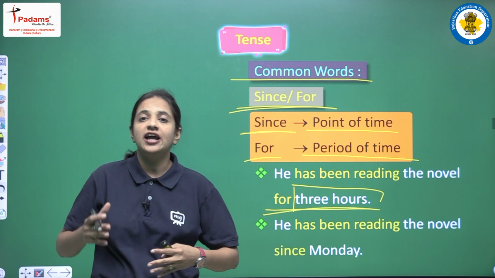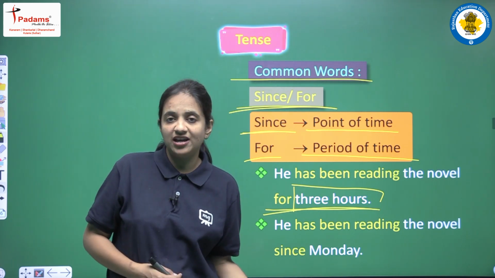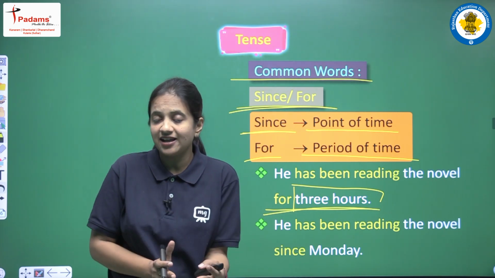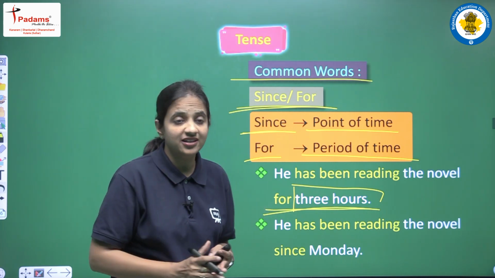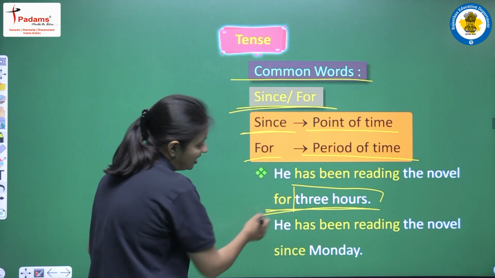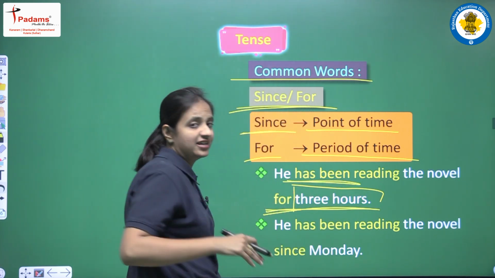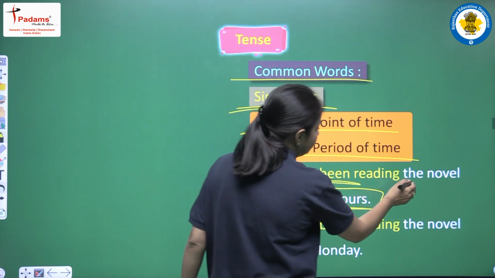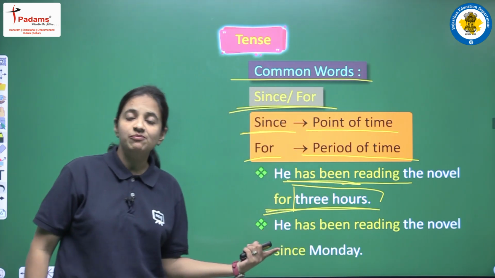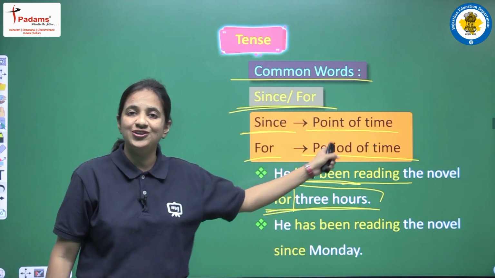And we don't know which 3 hours. We are not having the exact time, but we are having a period. So for that period of time we are having for in the sentence, and we are having has been as helping verb, and first form plus ing as a main verb, because this is present perfect continuous tense.